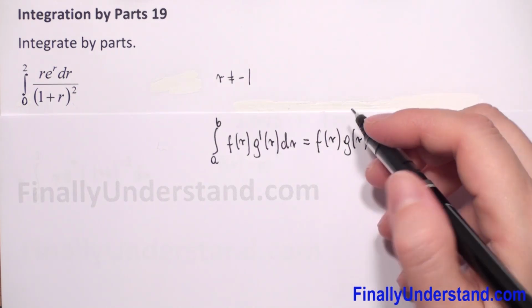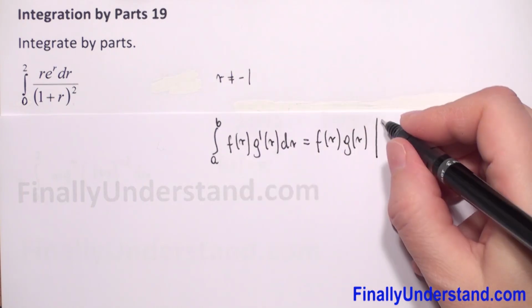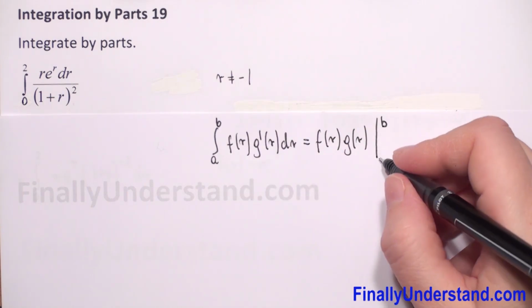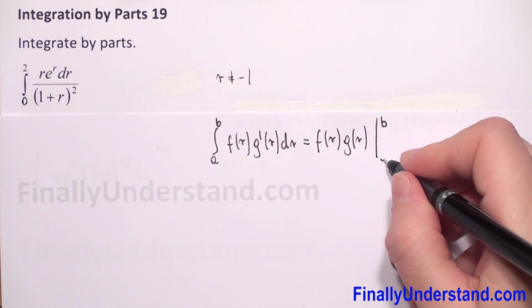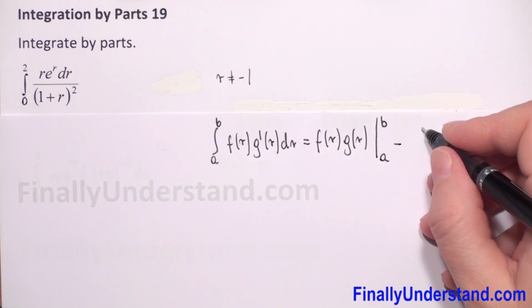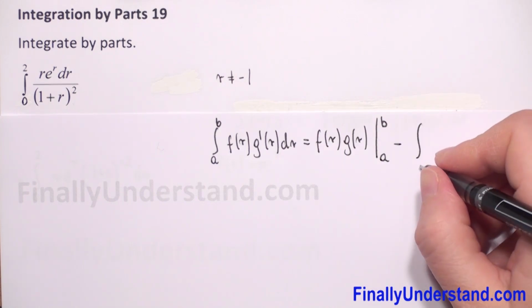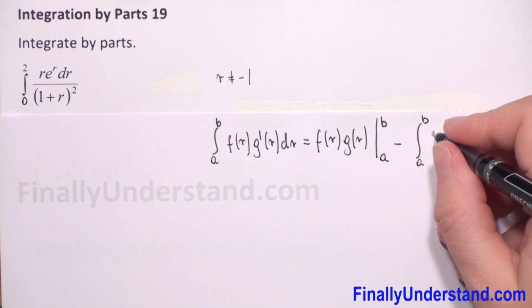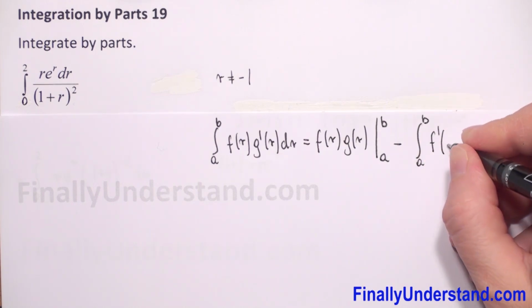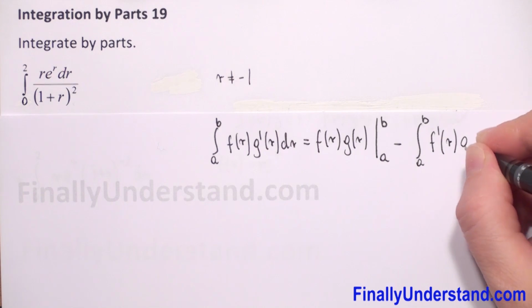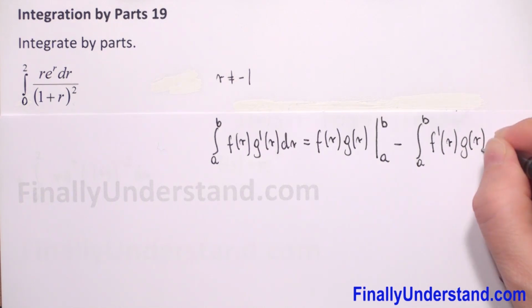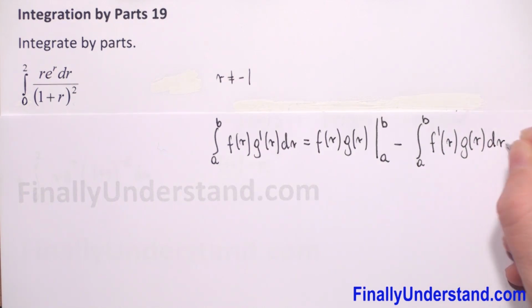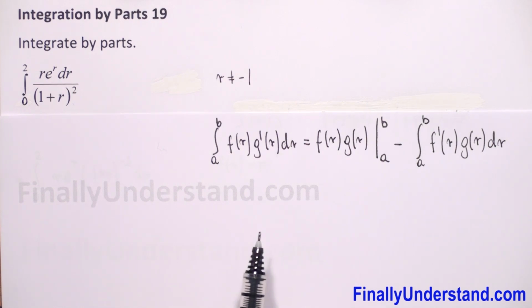On the top we have upper limit b, and on the bottom we have lower limit a, minus the definite integral from a to b of f prime of r times g of r with respect to r. Function f and g prime must be continuous.